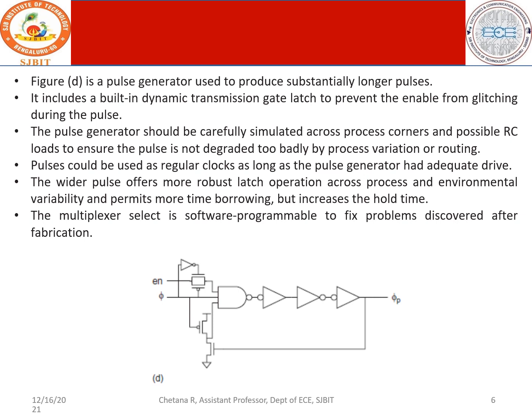So what is the purpose of the multiplexer? The multiplexer select is software programmable to fix problems discovered after fabrication. This is meant to fix problems in case any appear after fabrication. Otherwise, after fabrication, if you find some flaws, you have no possibility of rectification; you have to dump it, redesign, and use a fresh one.